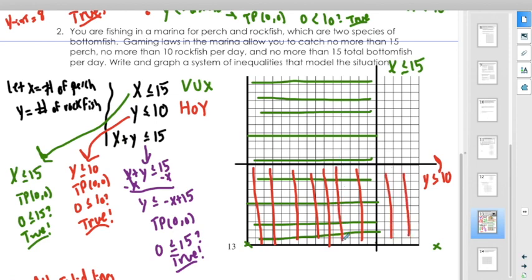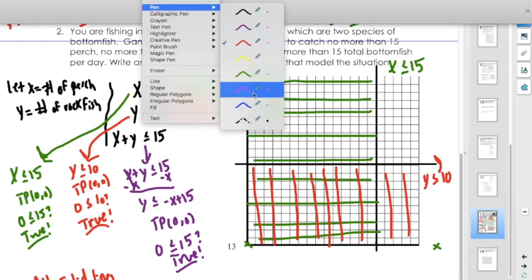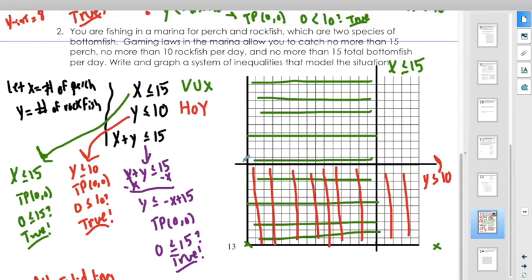Okay. Great. Now, x plus y is less than or equal to 15, which we found out was y is less than or equal to negative x plus 15. So we're going to need to plot these. So positive 15. Well, this was 10, 11, 12, 13, 14, 15. First point, and I have a slope of negative 1. So I'm going down 1 to the right 1.